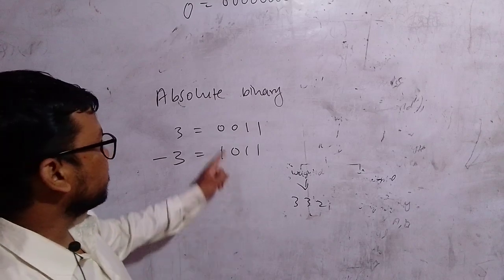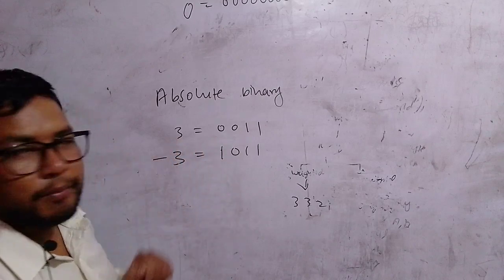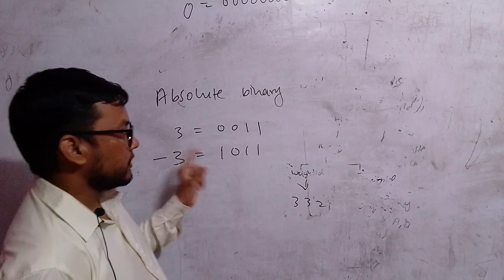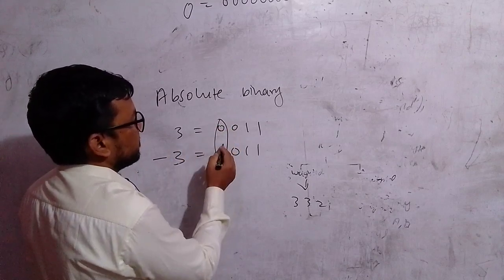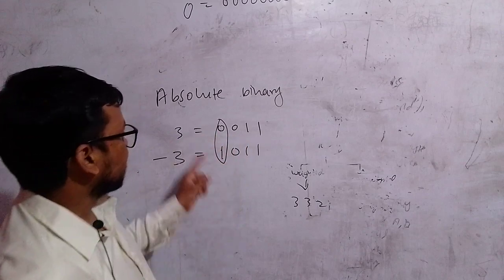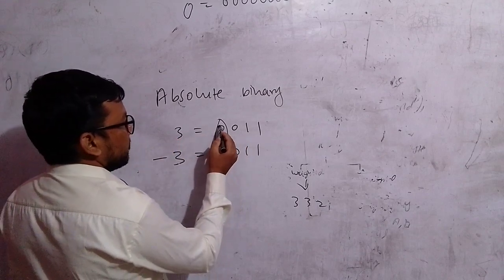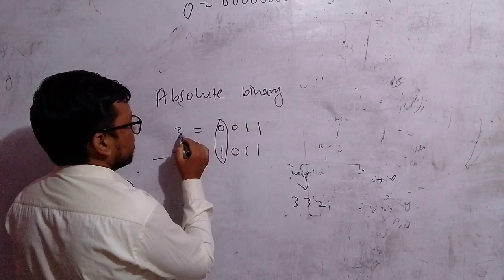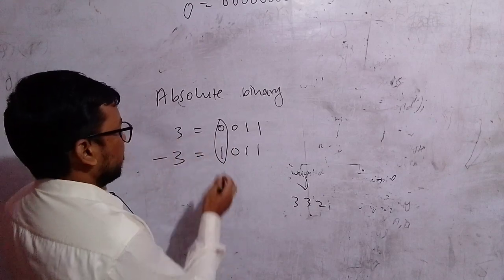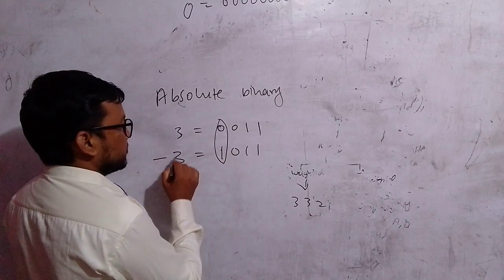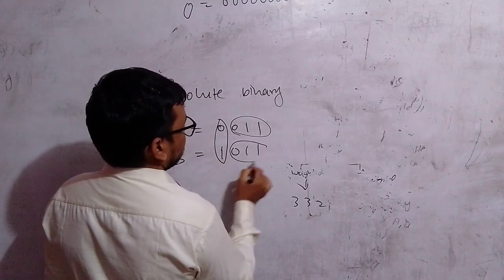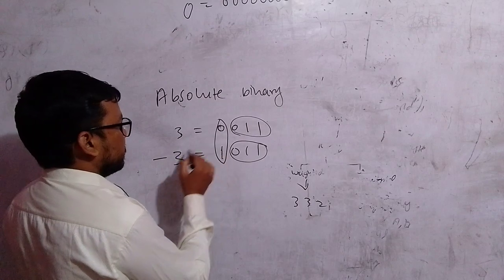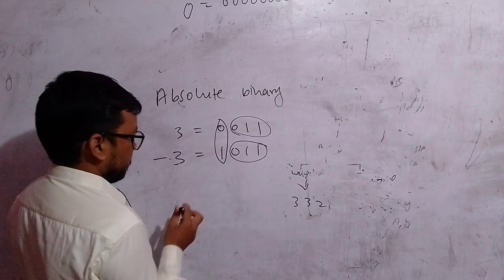The most significant bit represents the sign of the number, not the number itself. If the MSB contains 0, that means it is a positive number. If the MSB contains 1, that means it is a negative number. That means 0011 is 3, but 1 means negative, 0 means positive.